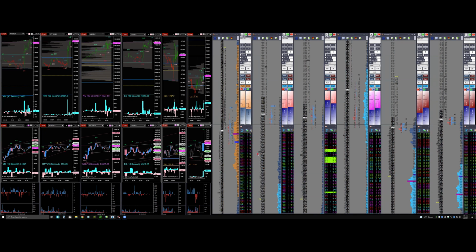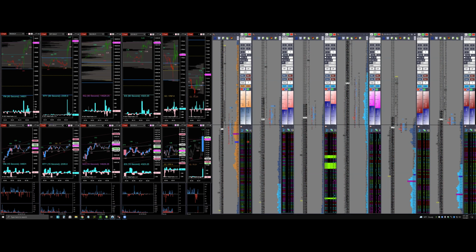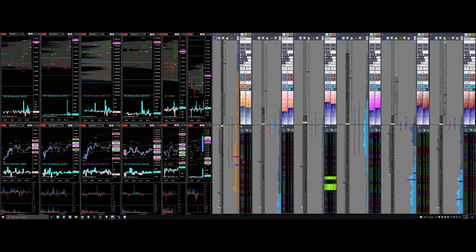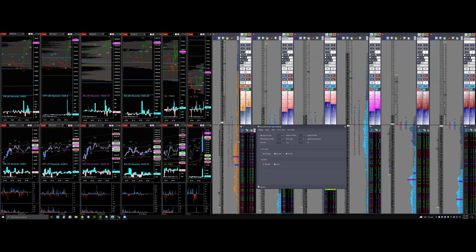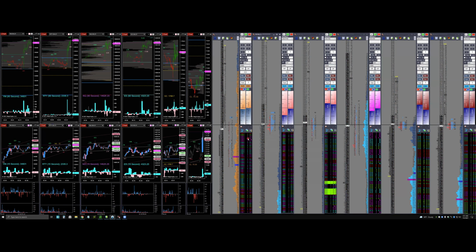And the reason I do that is I want to see the flow and the blocks. And as long as the tape is moving slow enough at this size filter that I can see it, I'm happy. If it starts really kicking off and going like that, I'll filter it even more so that I only see bigger blocks. And that way it will be a little easier to follow what's going on. The smaller stuff is less important. So in this case, we'll take this one up to 5 and you'll see it'll slow down because it's only going to print the 5 or mores.